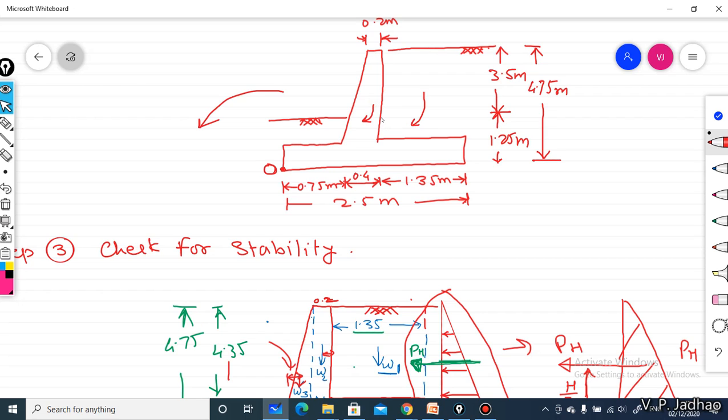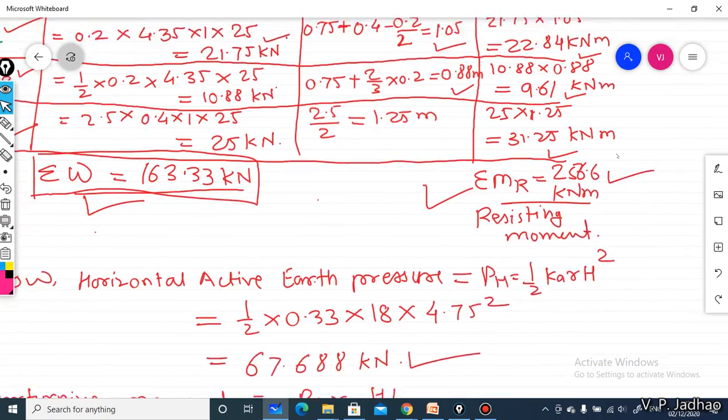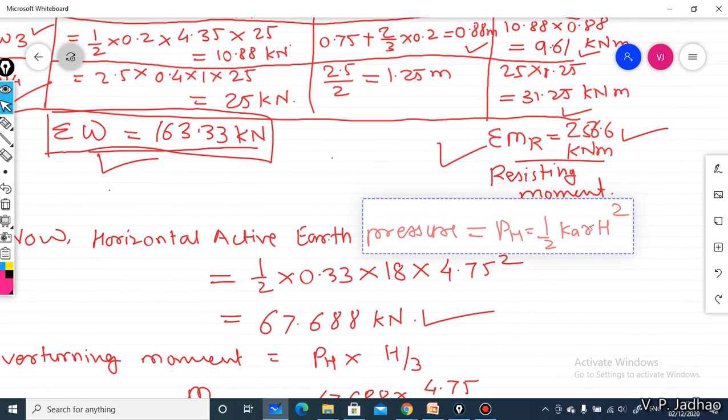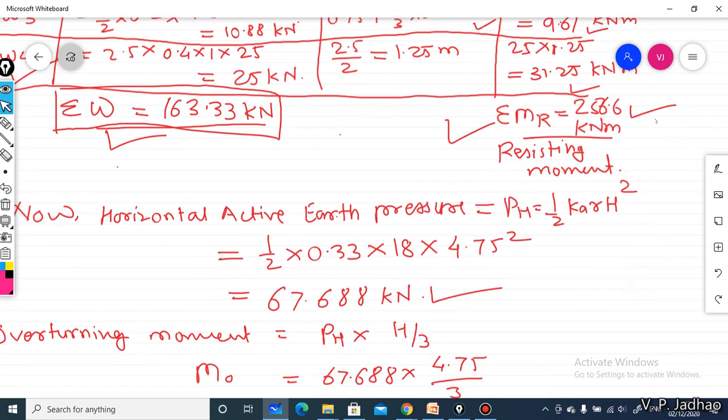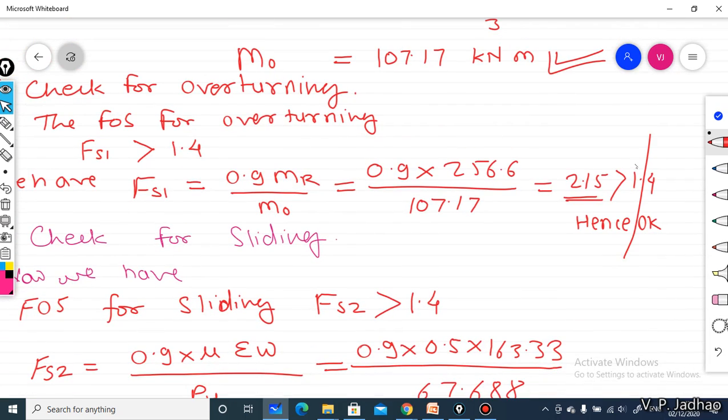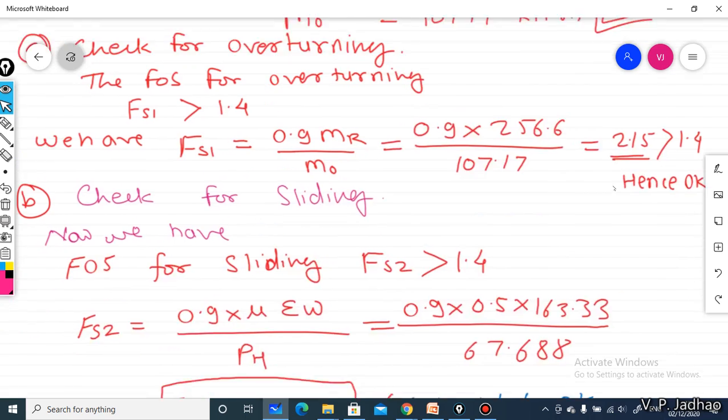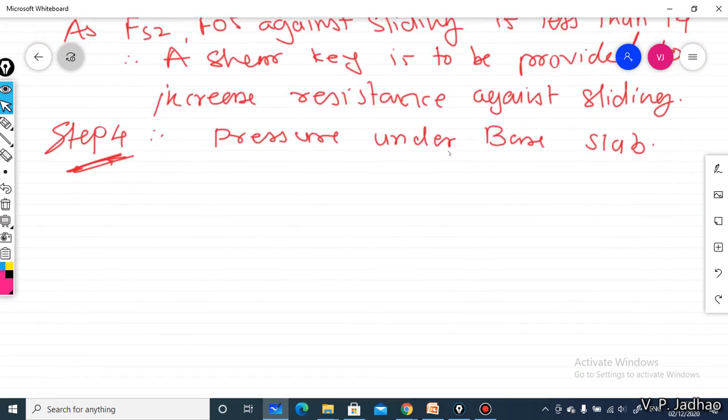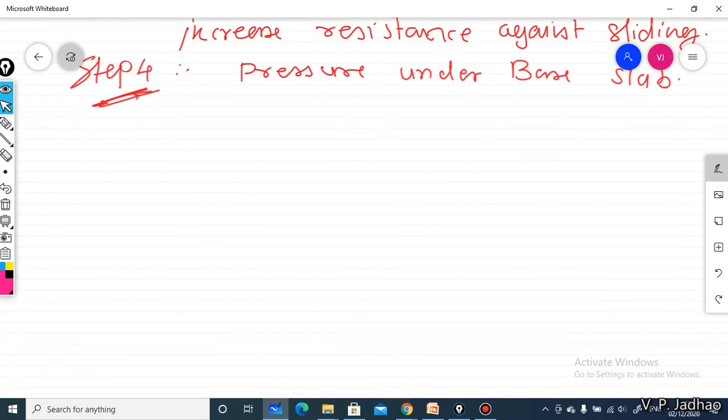Okay, all the moments will be acting about this point O. So we have to calculate the pressure under base slab.